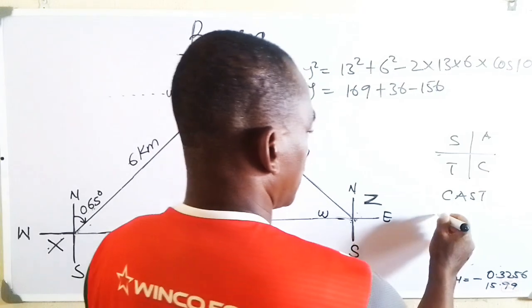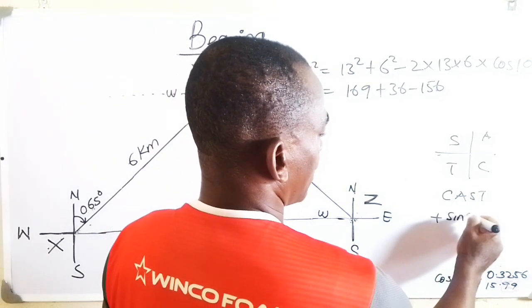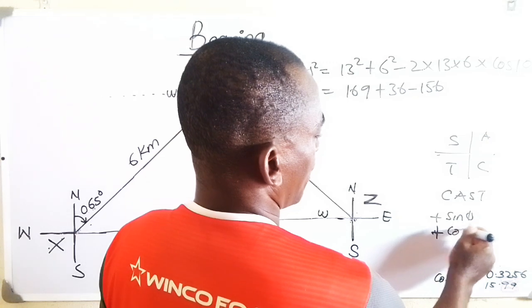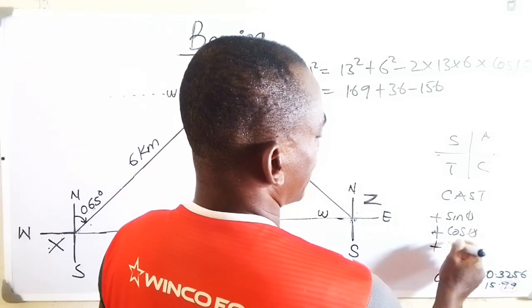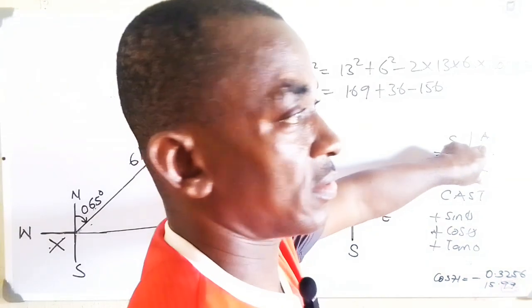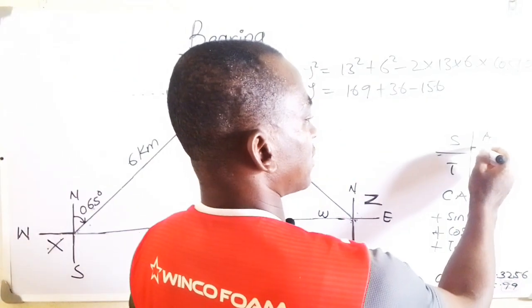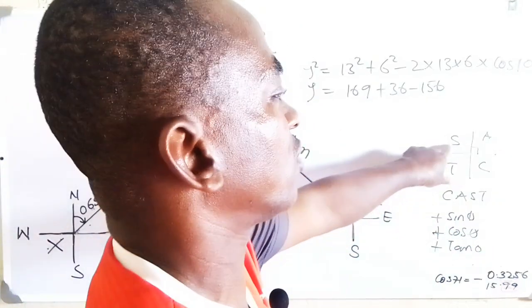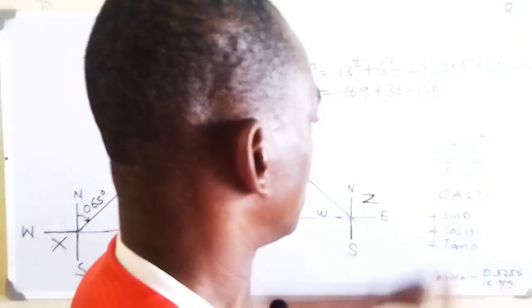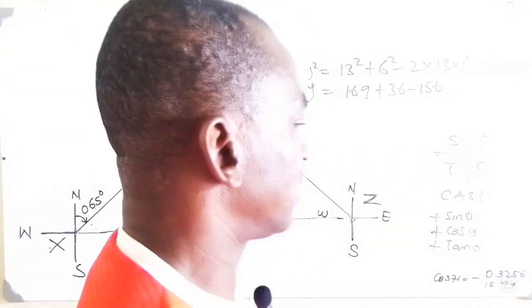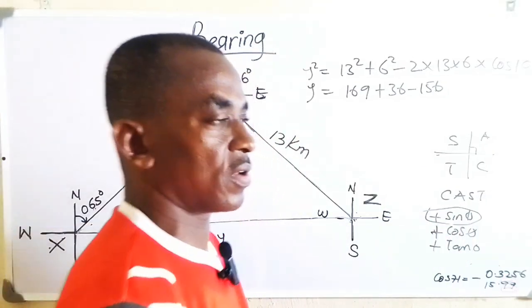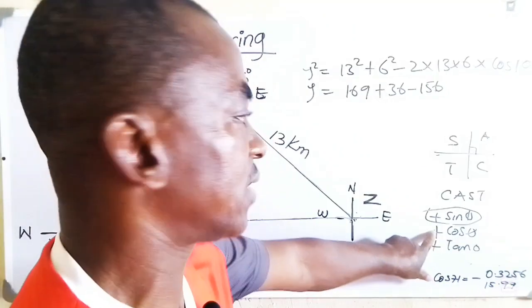What is all? Sin theta is positive, cos theta is positive, and tan theta is positive on the first quadrant, from 0 to 90 degrees. Then on the second quadrant, from 90 to 180, is S. This S means sine. Only sine is positive, cos is negative, and tan is negative.